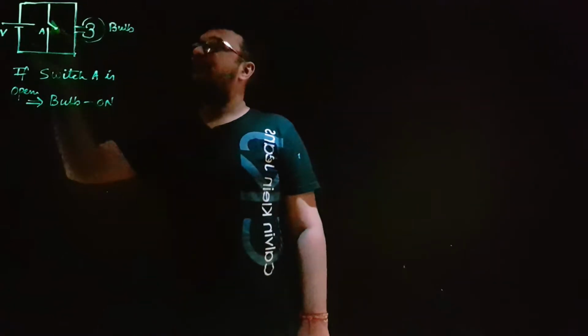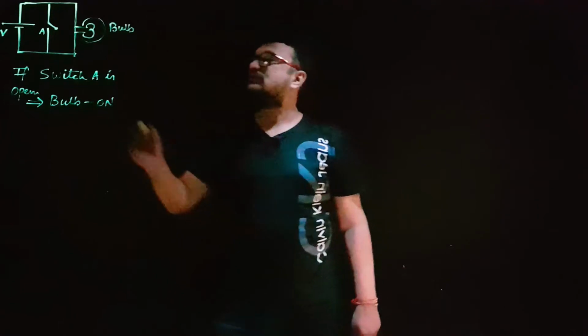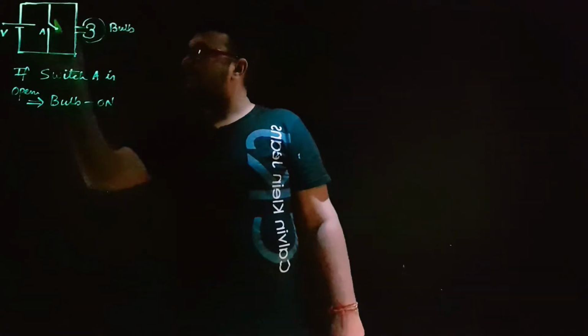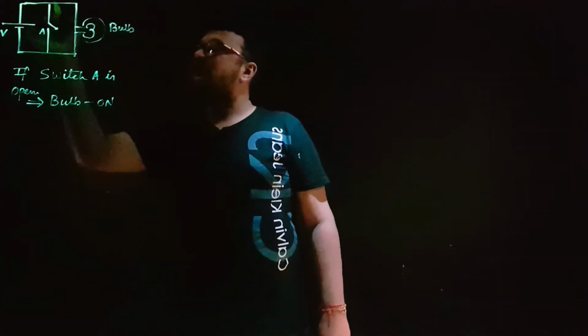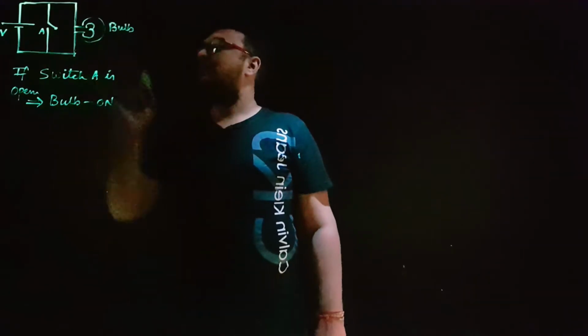In the same way, if switch A is closed, this will be a short circuit and maximum current will flow through switch A because it represents zero resistance. So current will be maximum through the switch.